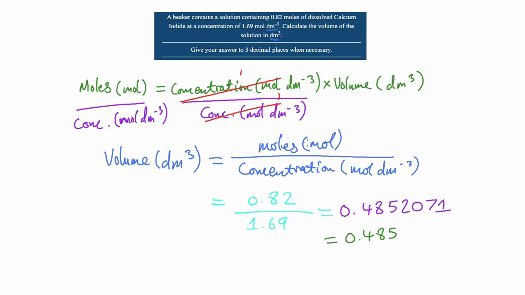So you've got moles here divided by dm³. So the moles cancel out, and that would become 1 over dm³. I'm just showing you how we'd get it from the calculation.